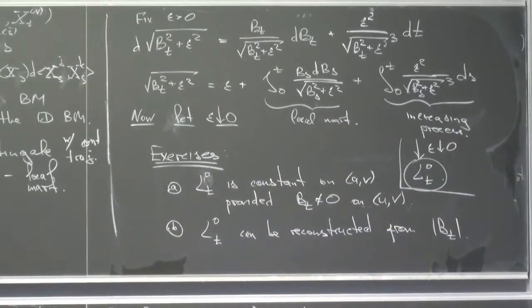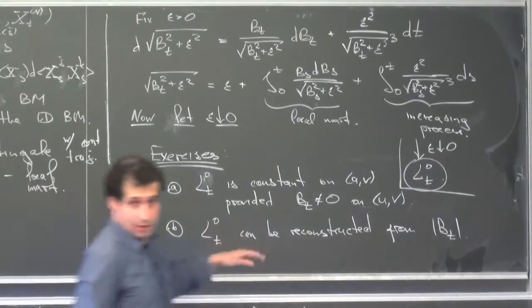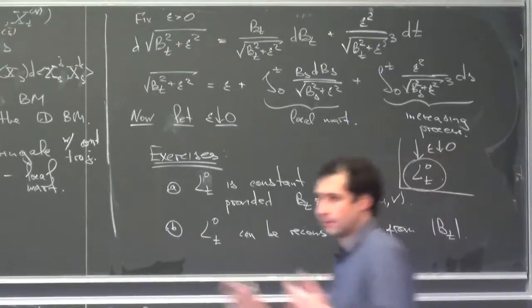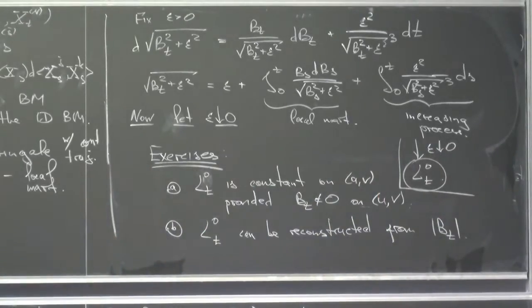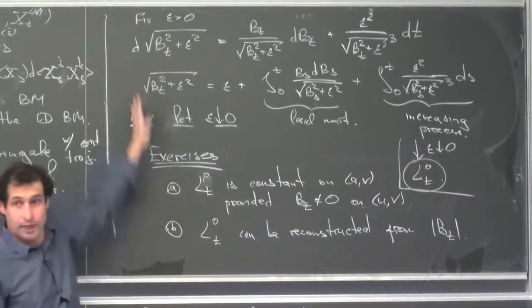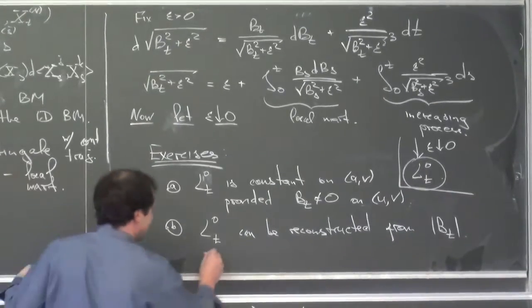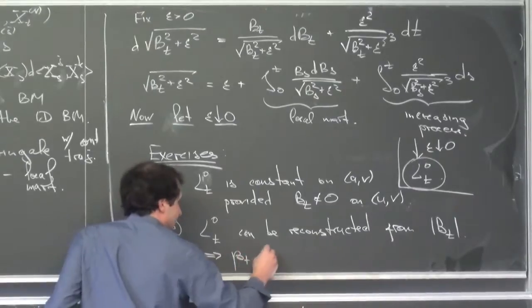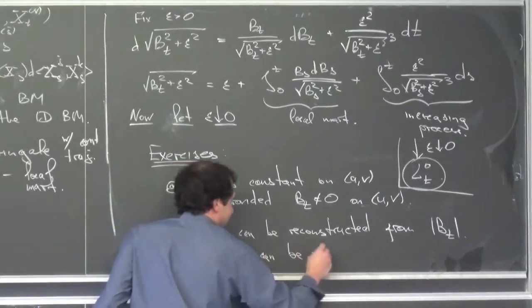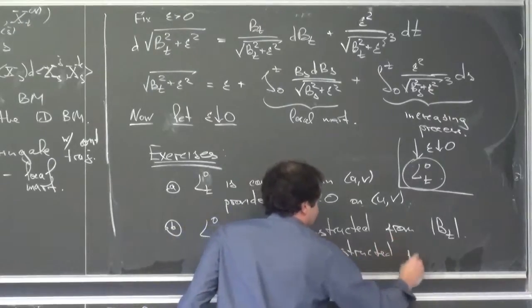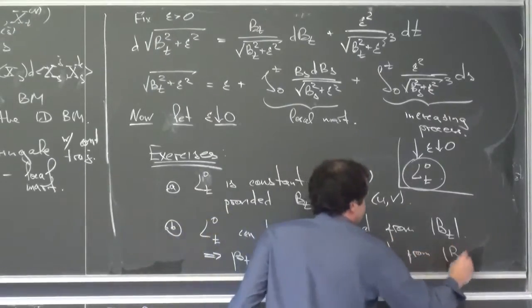There is something to prove here. This is not totally obvious. This discussion already happened a month ago. It's not totally obvious, but there is a way to prove it. And in particular, it means that B_t again can be reconstructed from |B_t|.